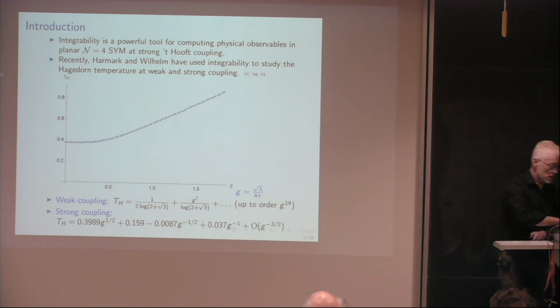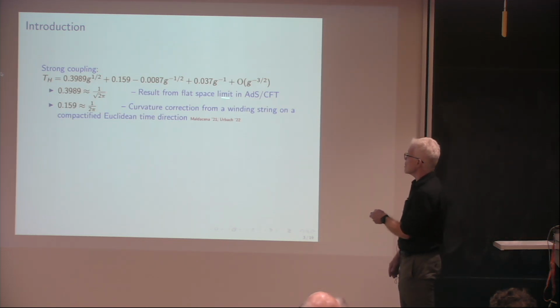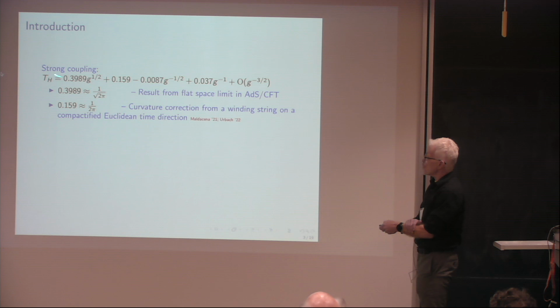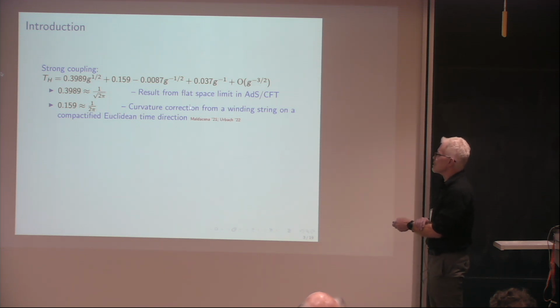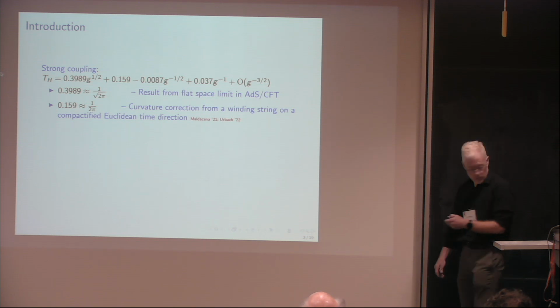Here's this expression again. This first term here, you can read off basically from the flat space limit in AdS/CFT. I'll say a little bit more about this later. The next term is basically a curvature correction from a winding string on a compactified Euclidean time direction, found by Maldacena and Urbach.